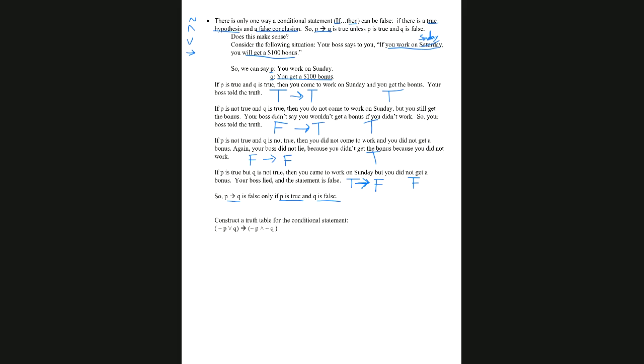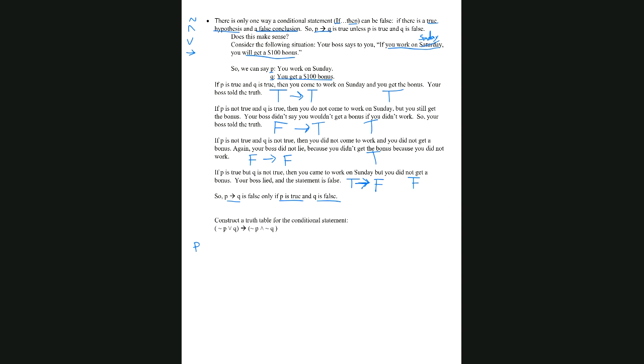So let's construct a truth table for this conditional statement that deals with if-then.